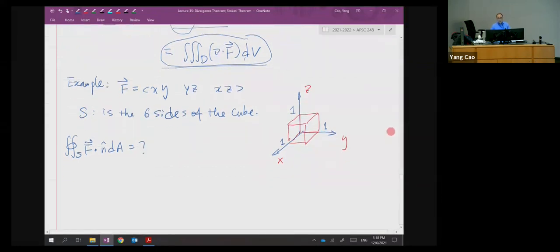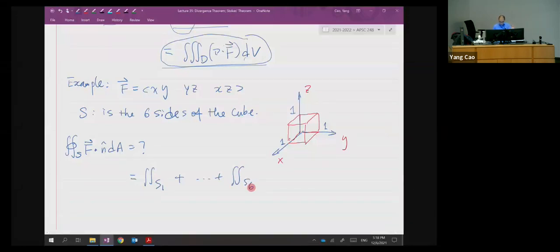So if you never learned divergence theorem, and this is your first time looking at this surface integral, your traditional approach would be, because the cube has 6 surfaces, you need to calculate the surface integrals over each one of the surfaces.